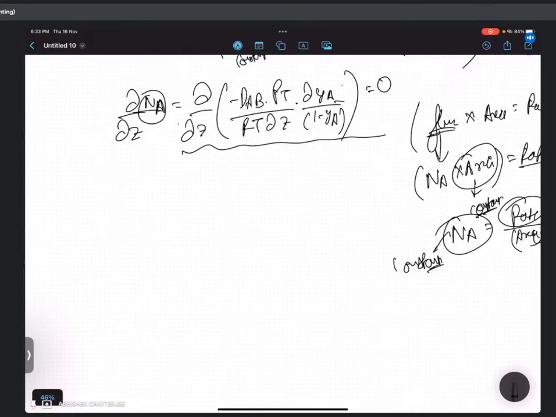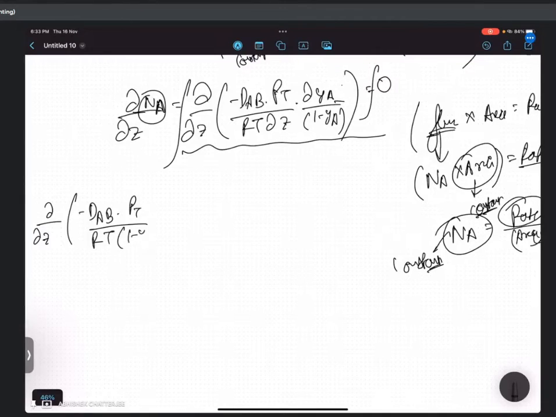So now how to do it? You will integrate it. Let me write it again. d by dZ of minus DAB into PT by RT, 1 minus YA, and into dYA by dZ. This is equal to 0.